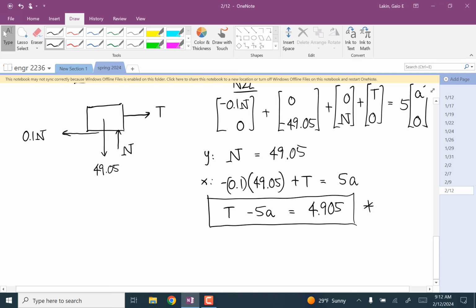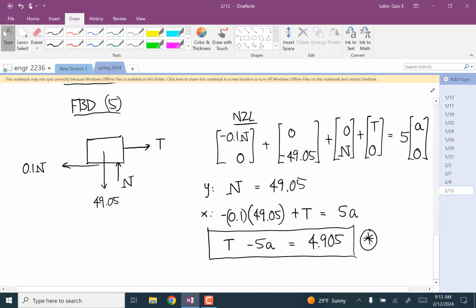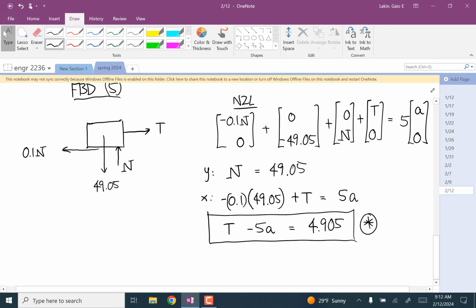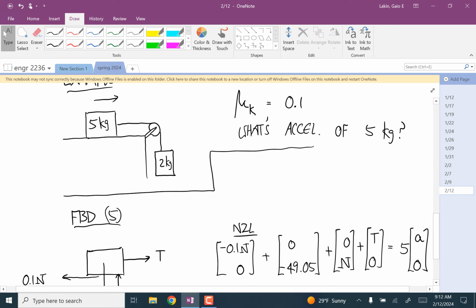And that's my first saved equation for the system of equations. Any questions about that one? That's the body with friction on it. And that's 2 variables in a single equation. So now we have to isolate the other body.